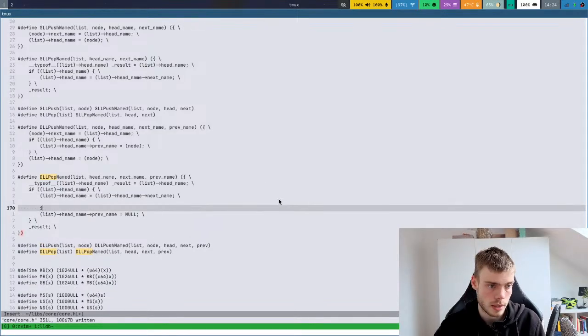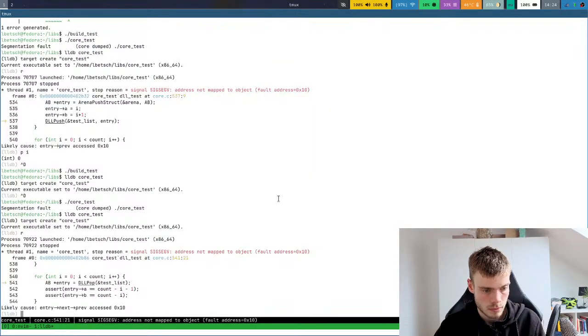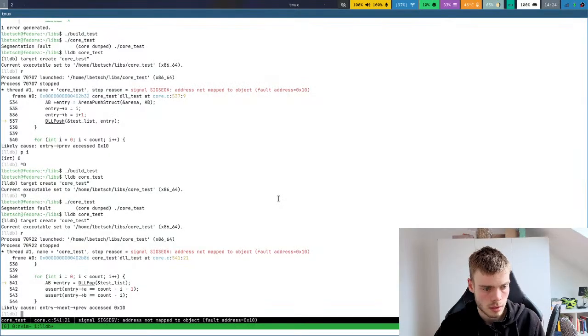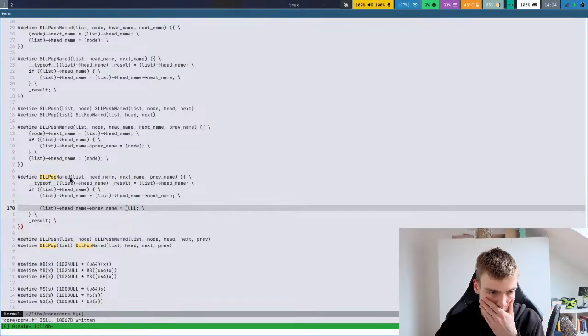If there is a head, if there is a prev, no entry. Entry next. Where do we do that?